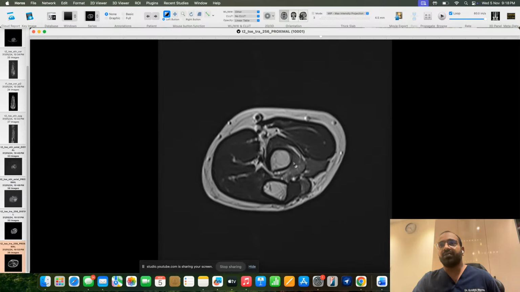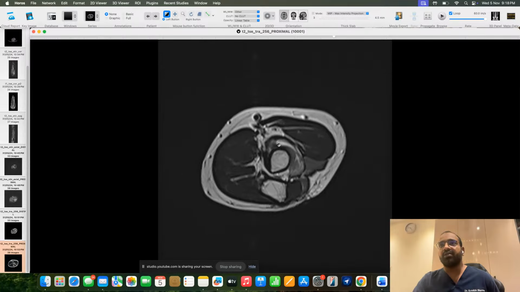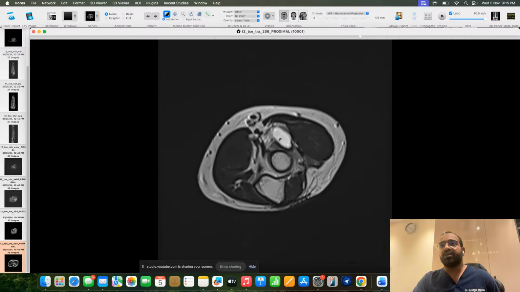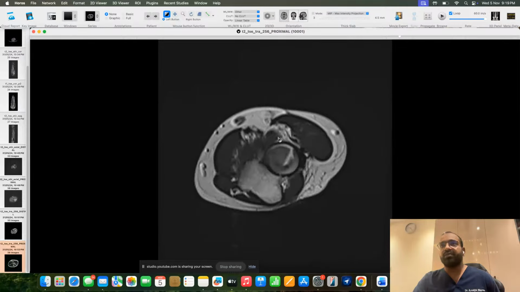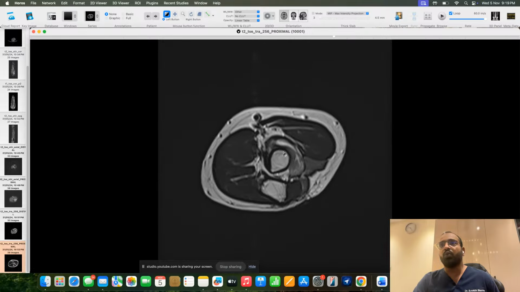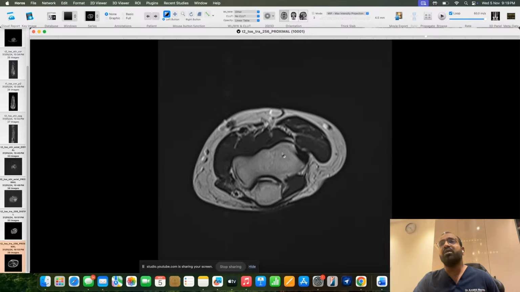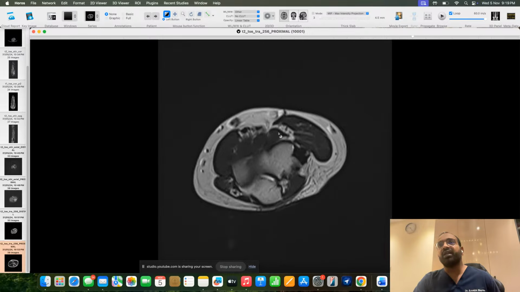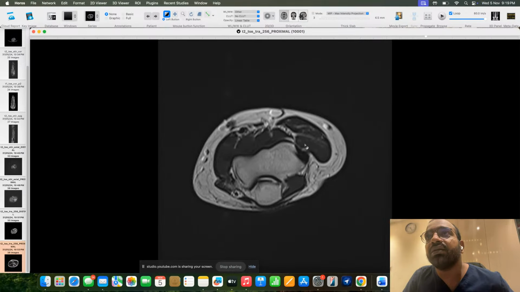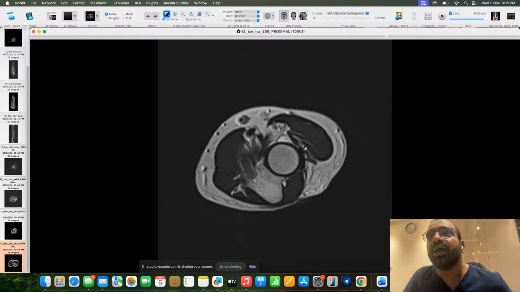So this supinator muscle has a ganglion cyst here. If you see, this is the ganglion cyst, extending anteriorly into the intermuscular plane, which is multiloculated, causing compression over the posterior interosseous nerve. Posterior interosseous nerve is a branch of radial nerve. I wanted to show you the radial nerve. You can see this is the radial nerve here.